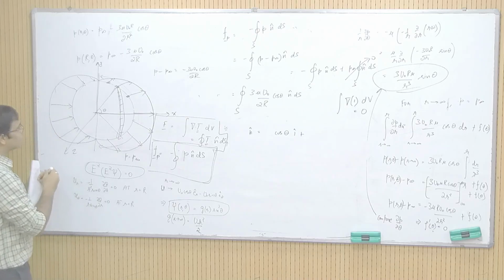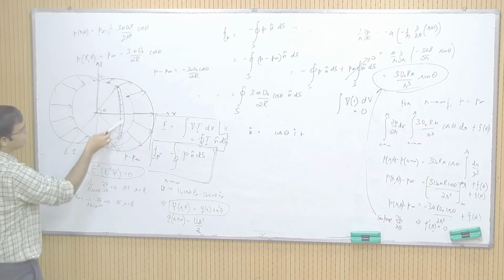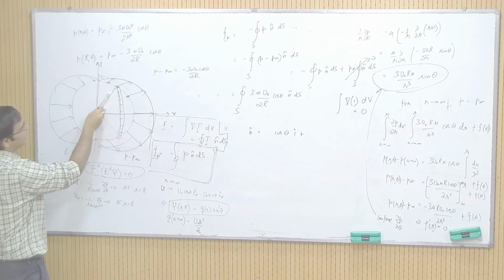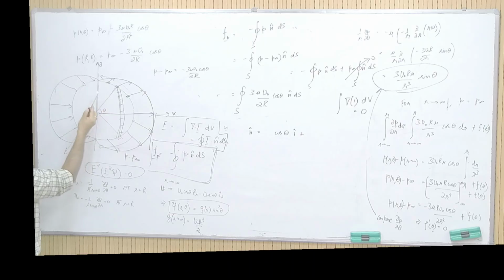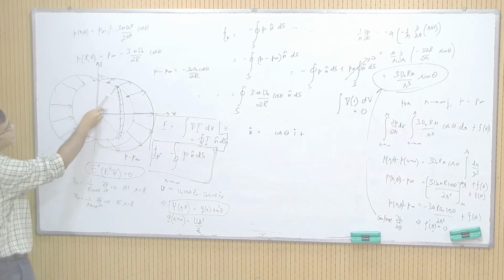So you have to understand that this n hat could be anywhere here. So there are two angles, don't forget. So remember this ring on the spherical surface. As your friend said, over this whole ring, the I cap component is cos theta. But what about the j cap and k cap?